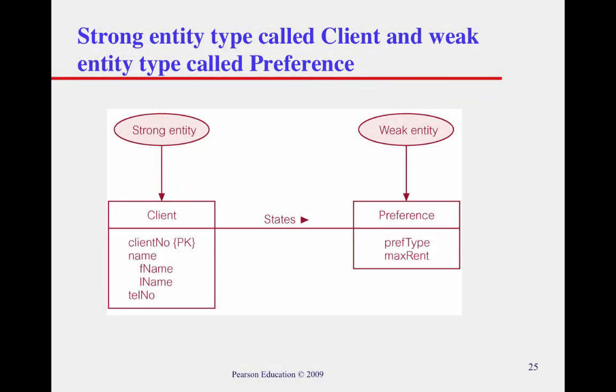This is what we actually have with I. We have a strong entity stock, which has an attribute dividend that we really don't want to store in every tuple because it will create duplication, right? Because if you think about it, it's possible for a stock to be owned by multiple clients, like IBM.